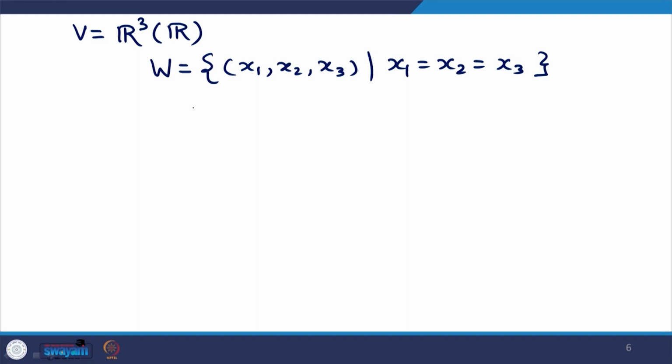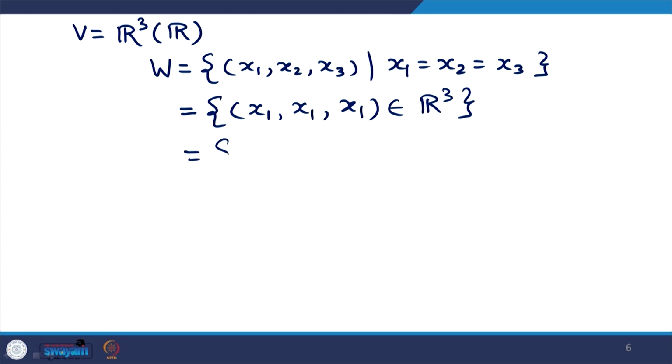So, certainly I can write it as (x1, x1, x1), because x2 equals x1 and x3 is also equal to x1, belongs to R3. So, what is this? It is x1 times (1, 1, 1).